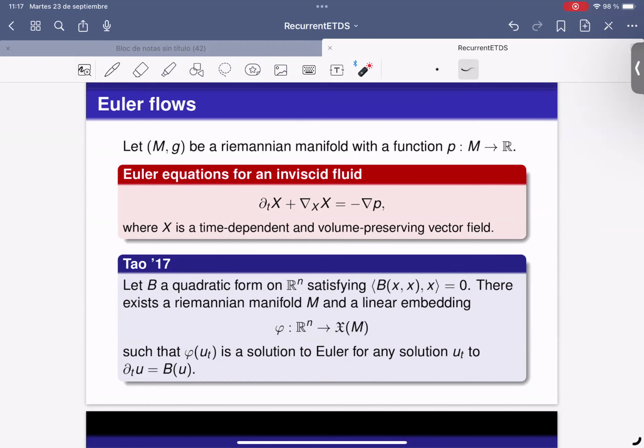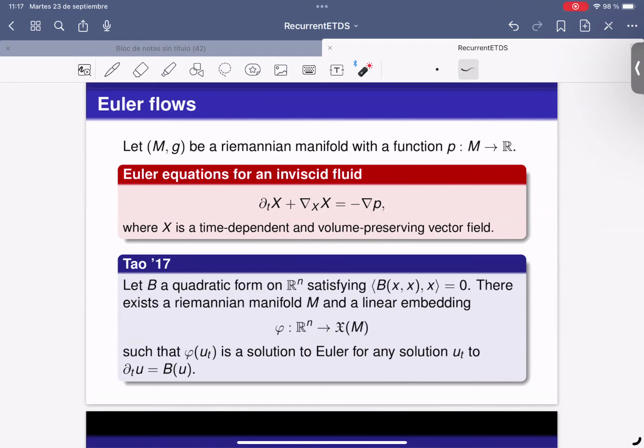The Euler equations are given on a certain Riemannian manifold. So let's consider a Riemannian manifold, and the Euler equations are these equations. You get a time-dependent and volume-preserving vector field X, and you consider the equation that says the time derivative of the vector field plus the covariant derivative with respect to the Levi-Civita connection of X with respect to X is equal to minus the gradient of a certain prescribed function, that is the pressure.